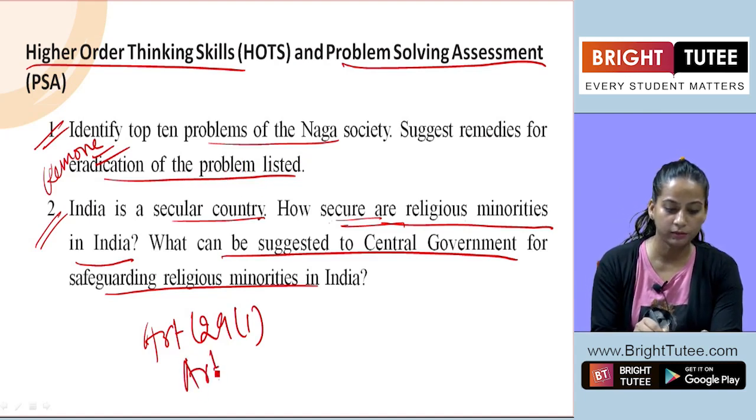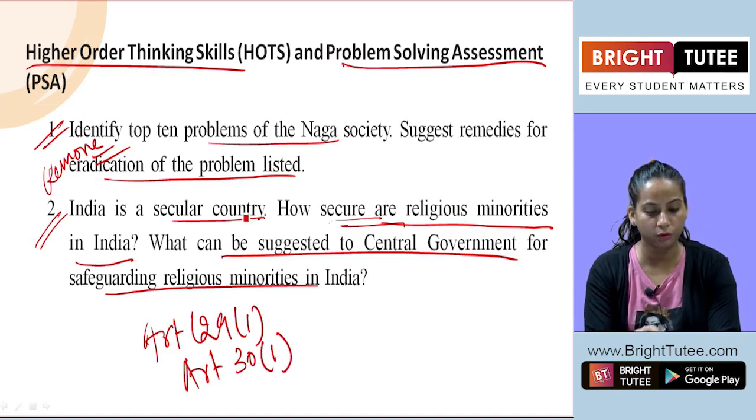According to Article 30 Part 1, you are also going to mention that it guarantees the right to minorities to establish and administer their own educational institutions. It also prohibits the states from making any sort of discrimination among the minority groups on the basis of linguistic or religious practice.